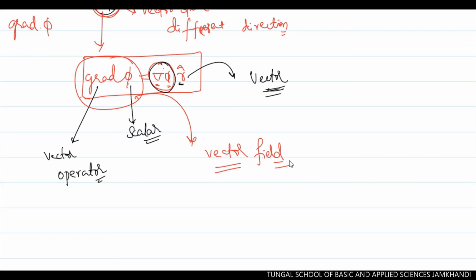The magnitude which is equal to the maximum rate of change of the function. I can see this is nothing but the grad of this variation. This del phi is nothing but the magnitude of that vector field, right?